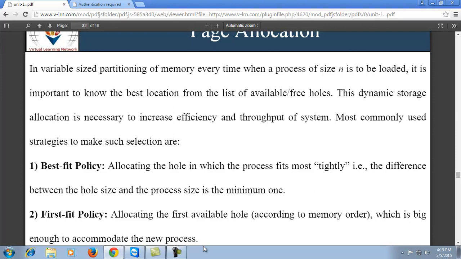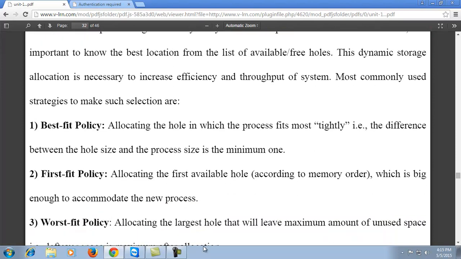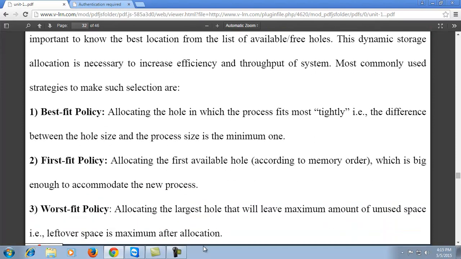This dynamic storage allocation is necessary to increase the efficiency and throughput of the system. The most commonly used strategies to make such selections are as follows. Best fit policy, in which we look for the tightest memory for our data, so that very little memory is wasted.